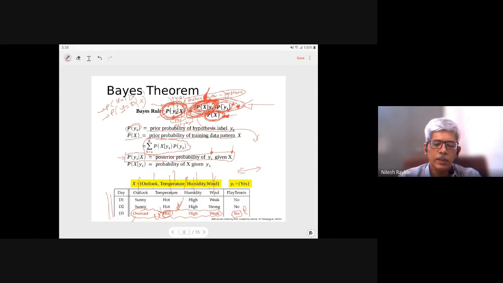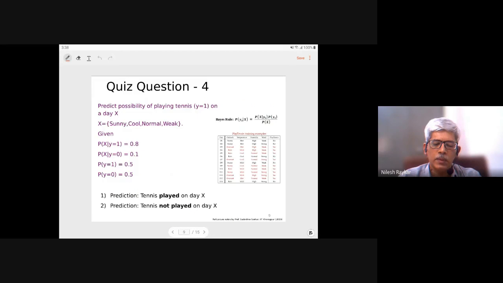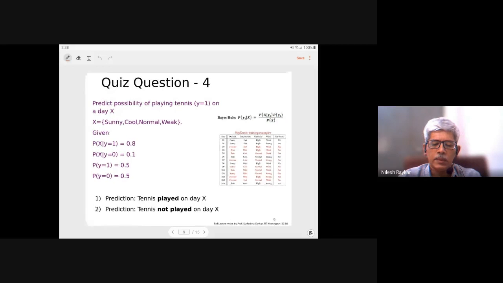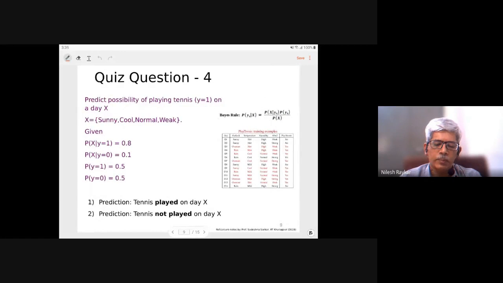So let's take a quiz to understand what we are talking about. Here you can see the Bayes rule is given. As I said, for doing the calculations, you don't require the denominator, only the numerator part is required.